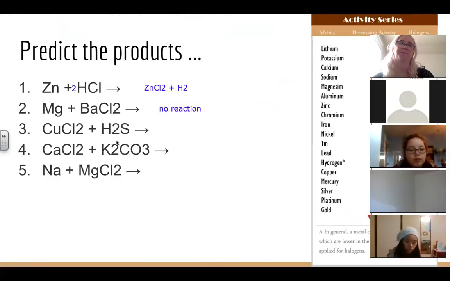Third one. Does this look like it would be a single replacement reaction or a double replacement reaction?